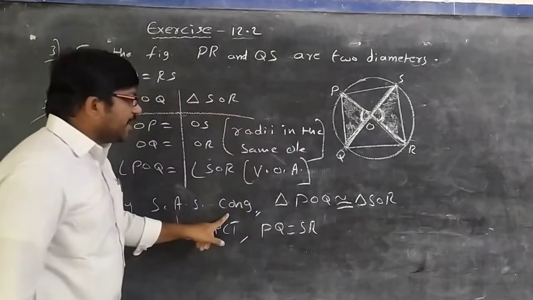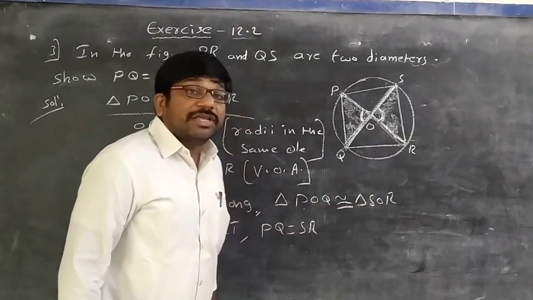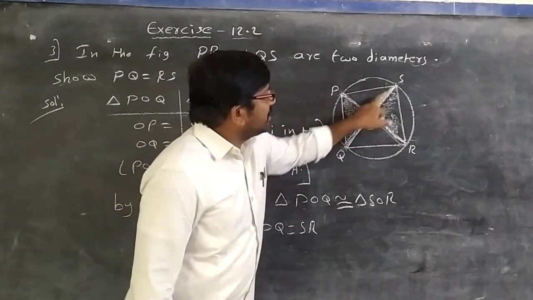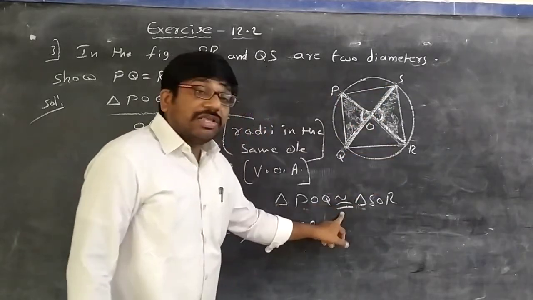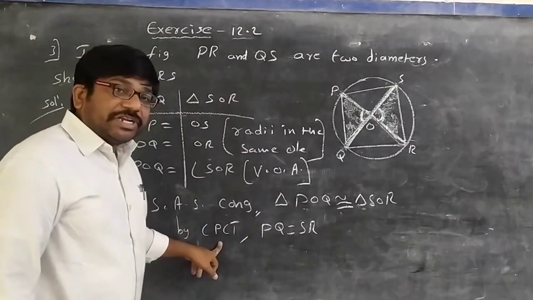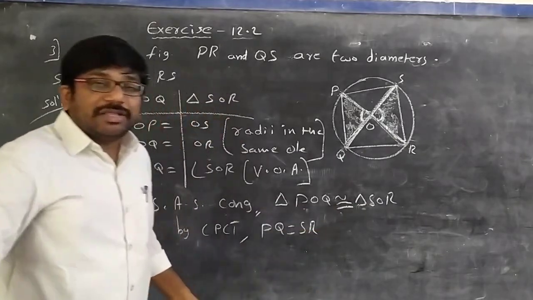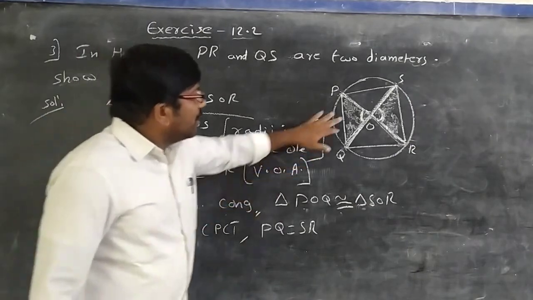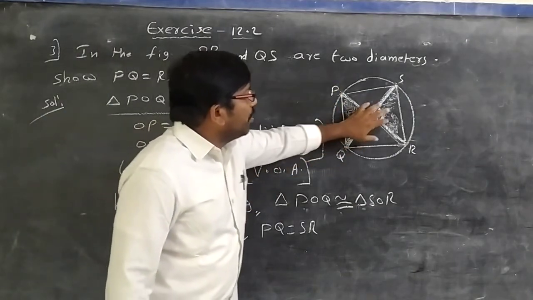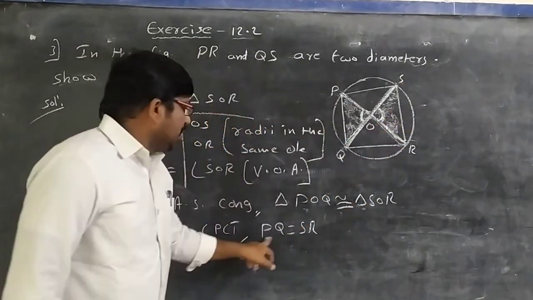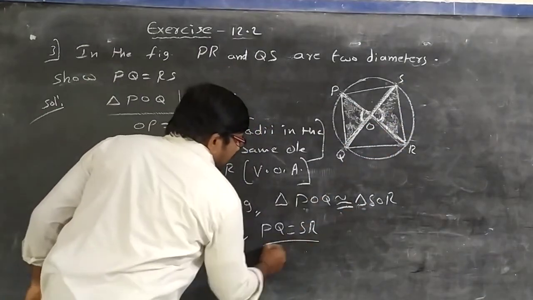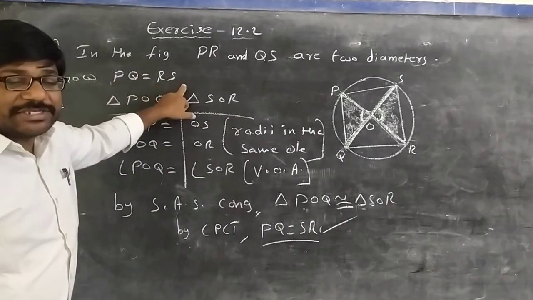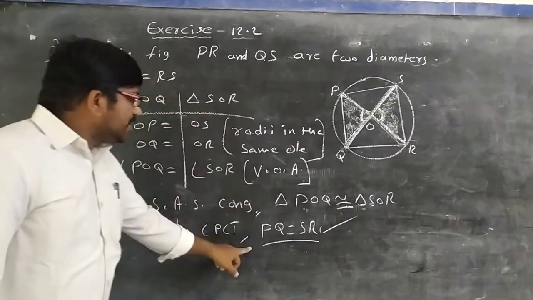By SAS congruency, the two triangles are congruent, which are POQ and SOR. By CPCT, if two triangles are congruent, then their corresponding parts are equal. So in this triangle PQ is equal to SR in the other. PQ is equal to SR. So this is what was required to prove: show that PQ equals RS. RS means SR. Hence, it is proved.